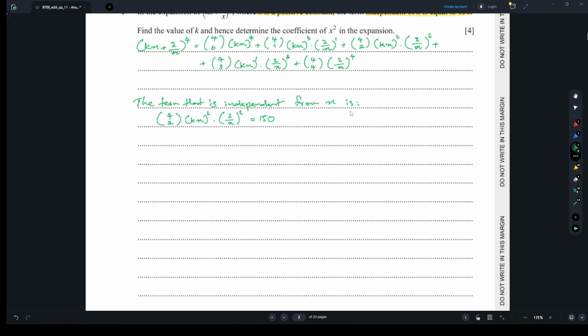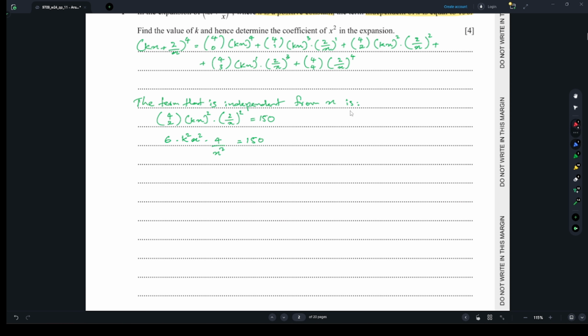Now you have to simplify this. 4C2, you can use the calculator and find it, so it would be 6, and then k squared x squared, times 4, divided by x squared, equals 150.